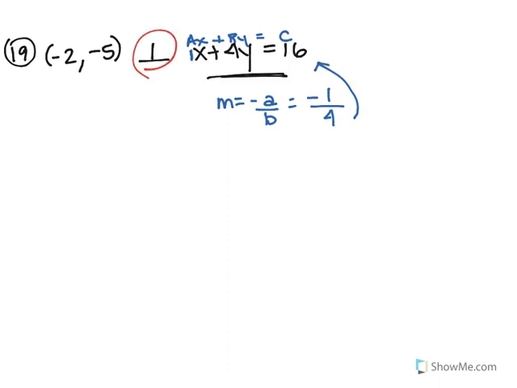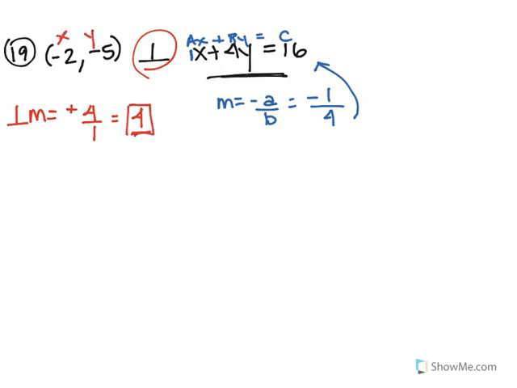I am not asking you to use the parallel slope. I'm not saying do the same. I'm saying do perpendicular. So the perpendicular slope would be positive, and if you flip 1 over 4, you technically have 4 over 1, which is the same thing as just saying 4. So that's the m that we're using.